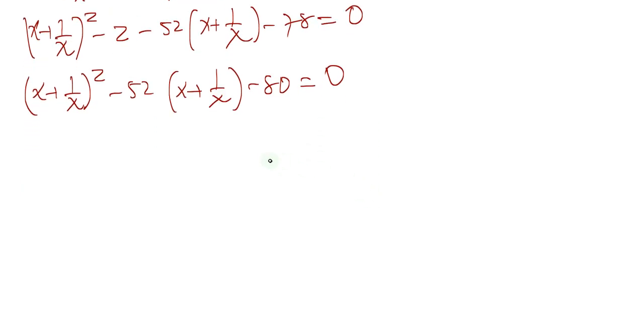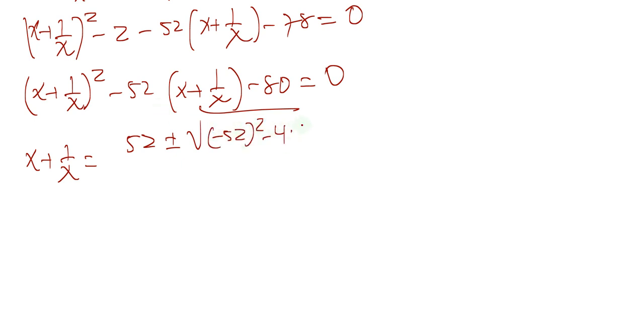Now we have something really interesting, which is a second degree equation in terms of x plus 1 over x. So we can solve: x plus 1 over x will be equal to negative b, which is 52, plus or minus square root of negative b, which is 52, squared, minus 4 times 80, all divided by 2.